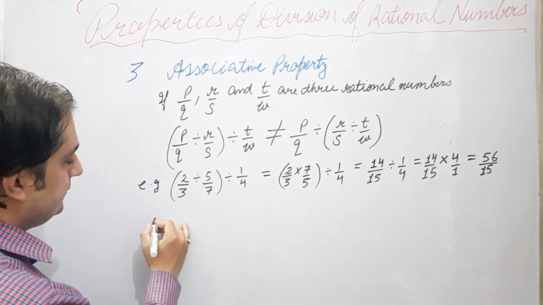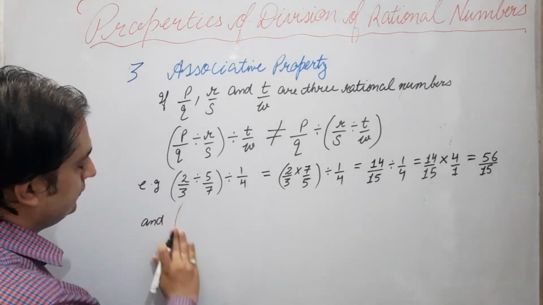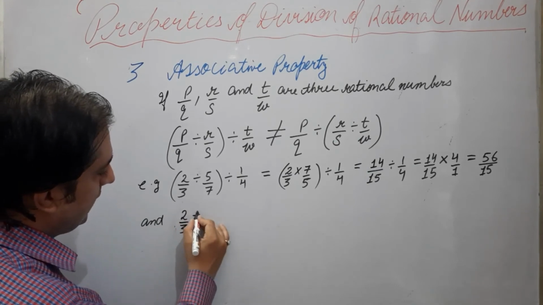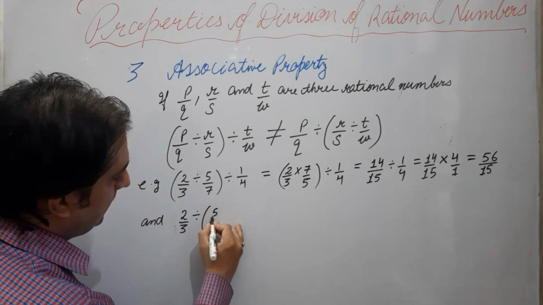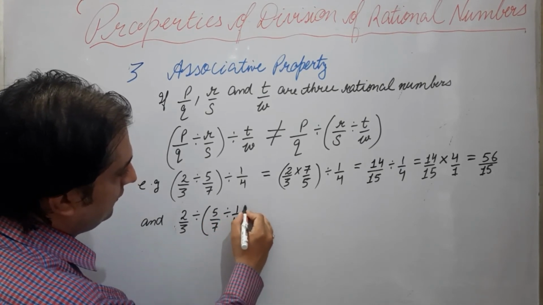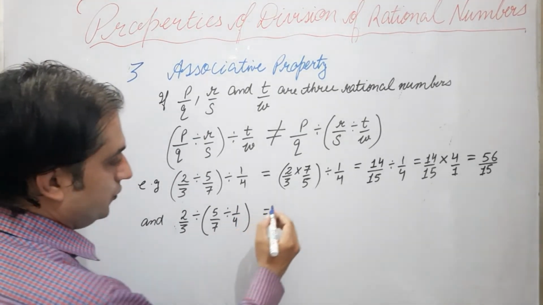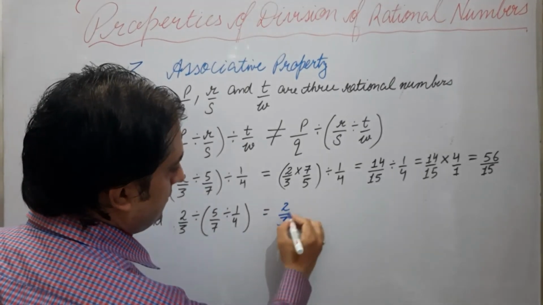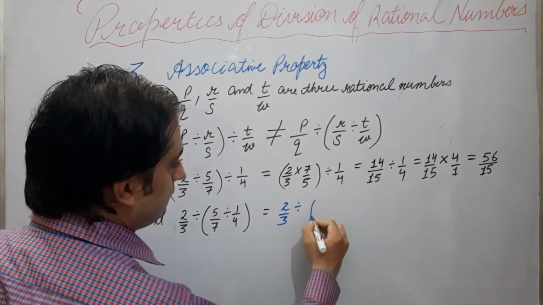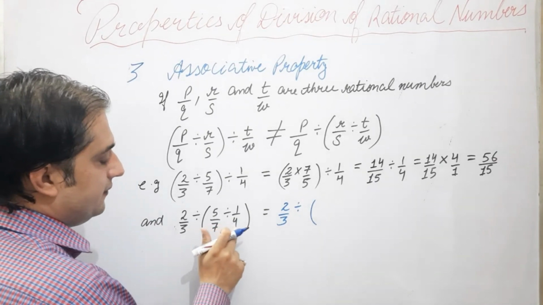Now take another case: 2 by 3 divided by, in the bracket, 5 by 7 divided by 1 by 4. See this division. 2 by 3, the first rational number, as it is, divided by, now in the bracket, again the dividend is to be divided by the divisor.